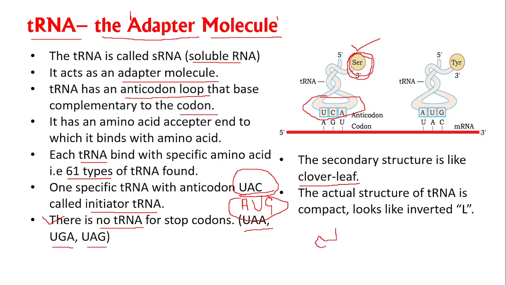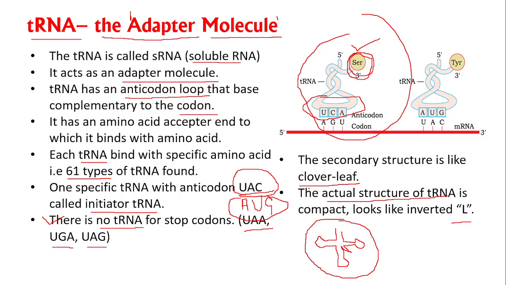It will be having the structure like this. This is the clover leaf model of tRNA. And the actual structure of tRNA is compact and looks L shaped. It is diagrammatic, and if you observe the chemical structure, it will be L shaped.